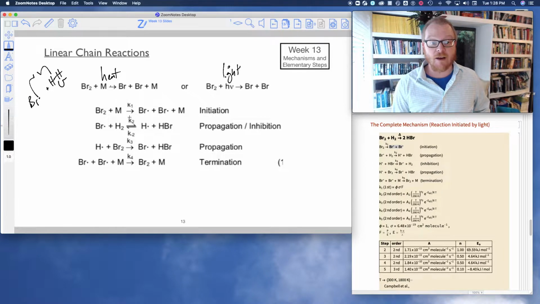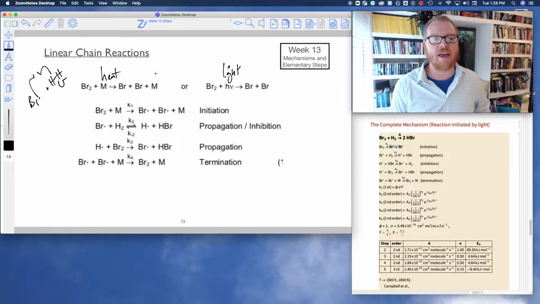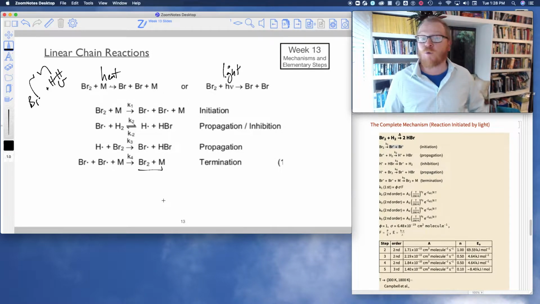Okay, then we get another step. So now this H radical, so we produced another H radical that can then produce another bromine radical. So that's more propagation. And now finally, so this is why these two initiation steps aren't shown as an equilibrium, because now these two bromine radicals reforming via a third body reaction doesn't produce any more radicals.